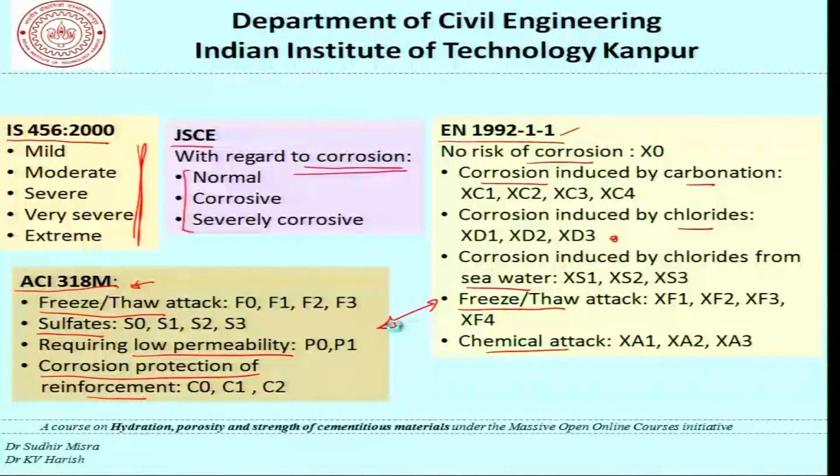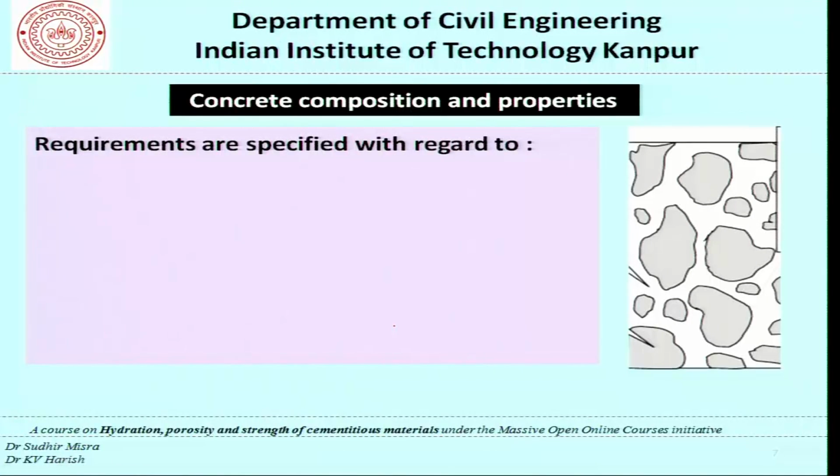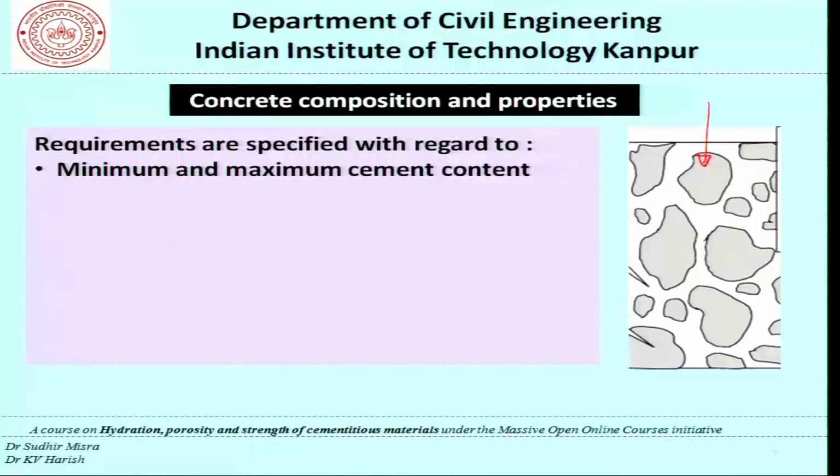Now, moving forward, what do we need to do when it comes to specifications? That is, what are the parameters that will help us lay down the guidelines for what kind of concrete is to be used? And that is something which we will be talking about today most of the time. One could be the minimum and maximum cement content.